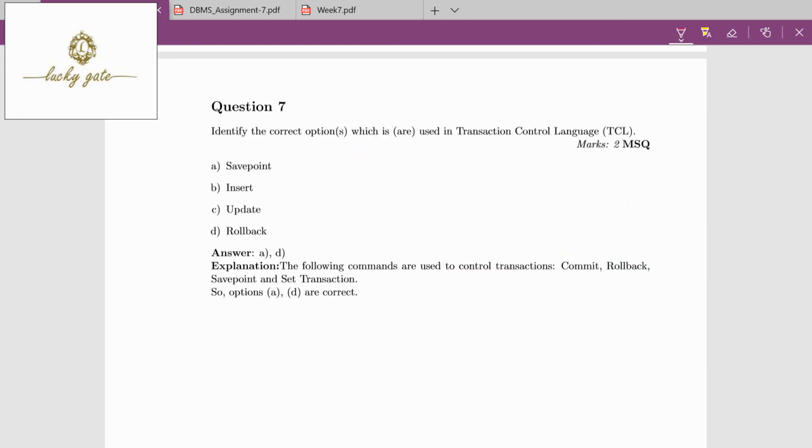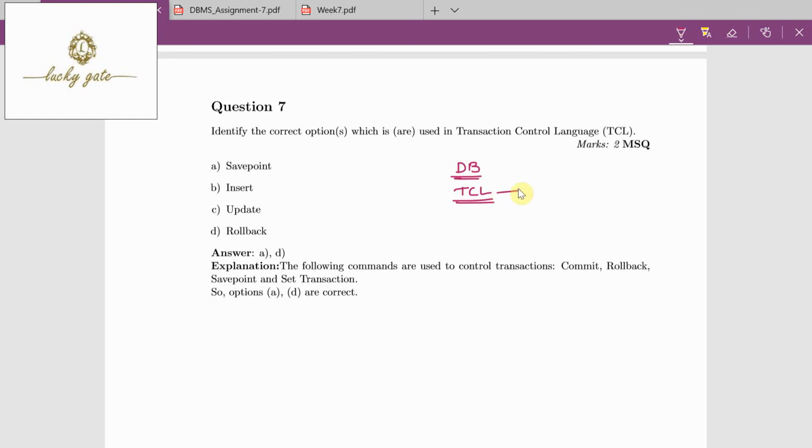Question number 7. Identify the correct options which are used in transaction control language. In database languages, there are various classifications, and one of them is transaction control language.